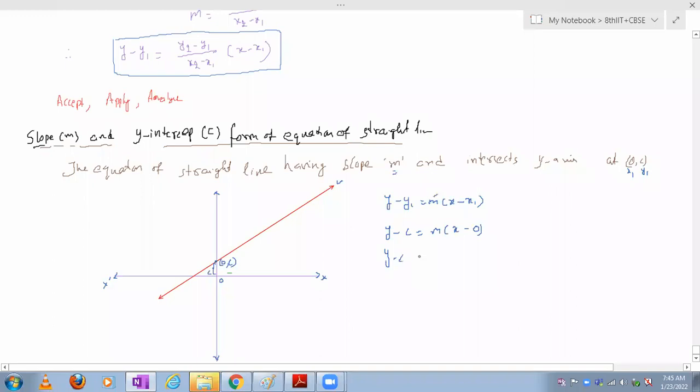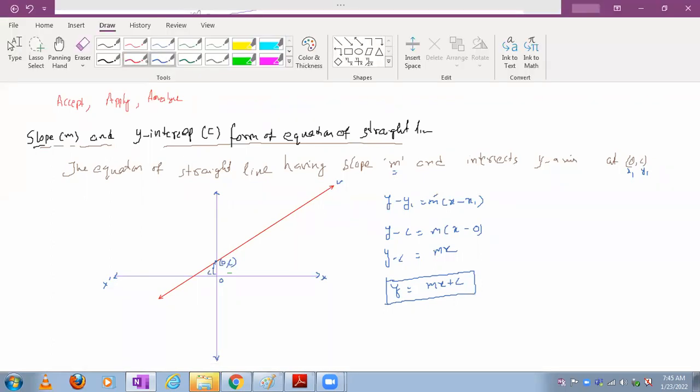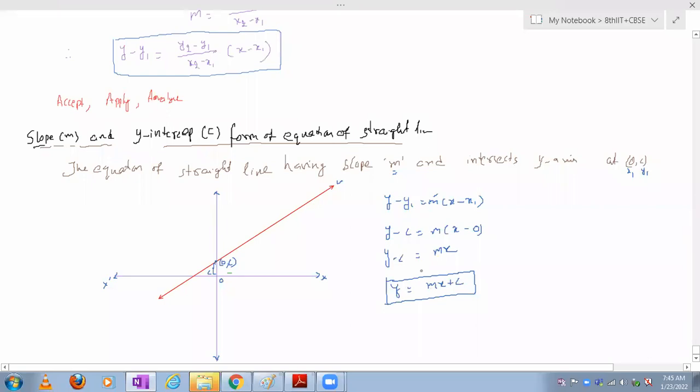So y minus c is equal to mx. Bring c to this side, then what will you get? y is equal to mx plus c. This is the slope and y-intercept form of the equation, where m is the slope and c is the y-intercept.